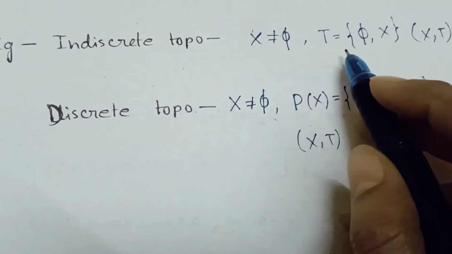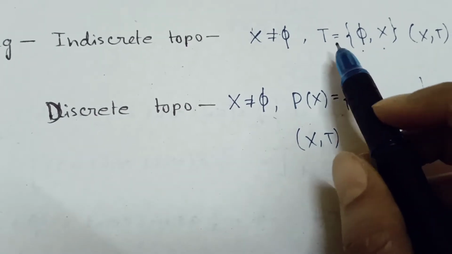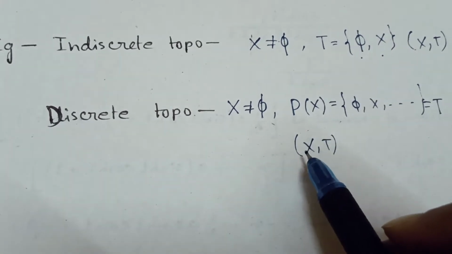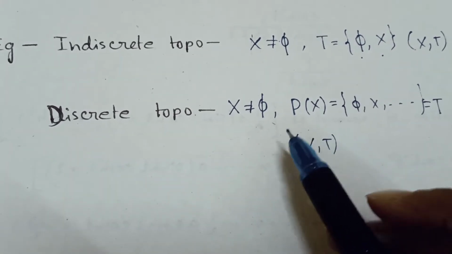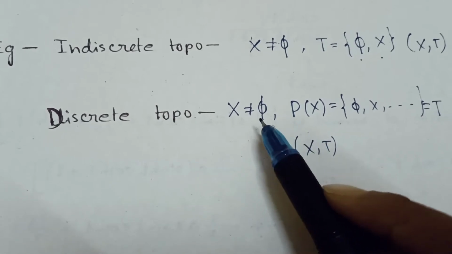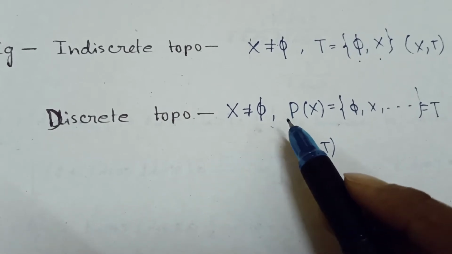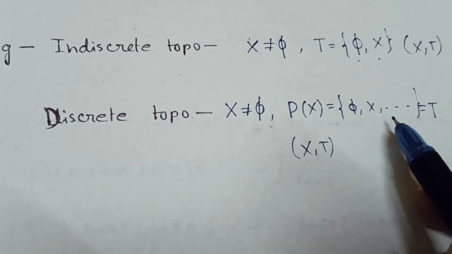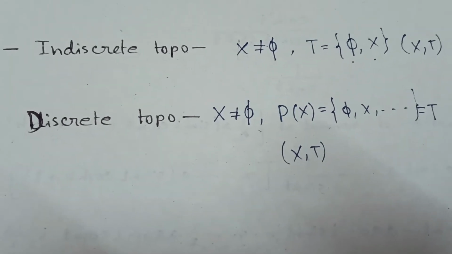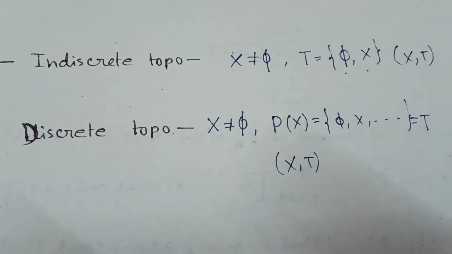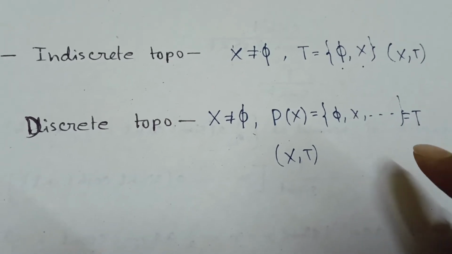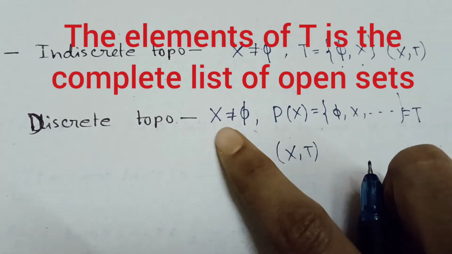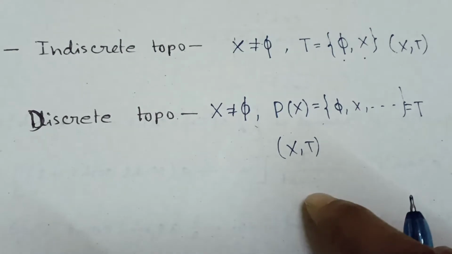This is the indiscrete topology containing only two elements, phi and X. It can also be called the trivial topology. And this one is the discrete topology. That means it contains all subsets of X, so all subsets of X are open sets. Why? Because the elements of T in any topological space form a complete list of open sets. So every subset of X in this topology is an open set.